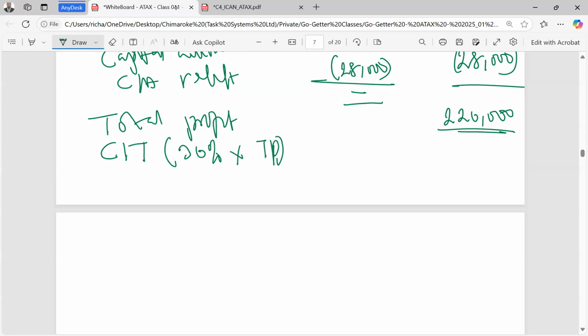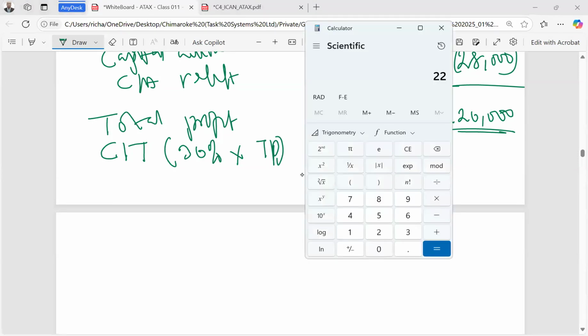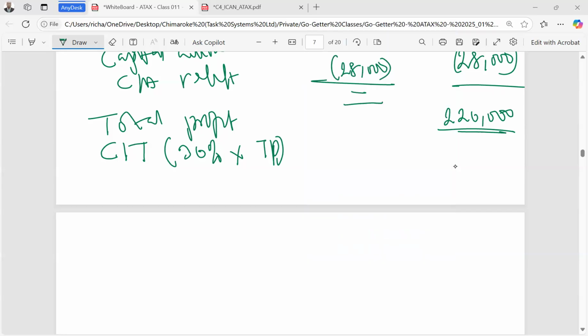And what would that be? 220,000 times 0.3. That is going to be 66,000. 66,000 is your company income tax.